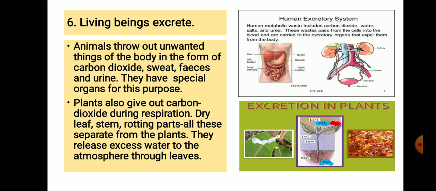During daytime, plants take in carbon dioxide and release oxygen during photosynthesis. So here oxygen is a waste product of the plants. At night during respiration, plants release carbon dioxide and water vapor. Now carbon dioxide and water vapor are waste products. But non-living things do not excrete.